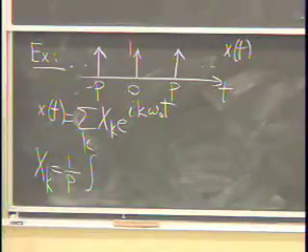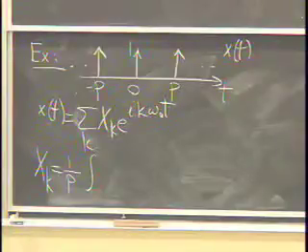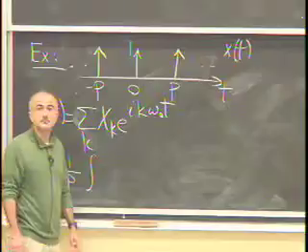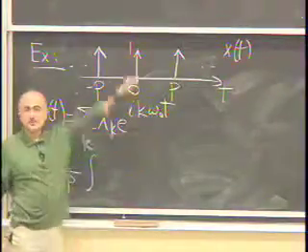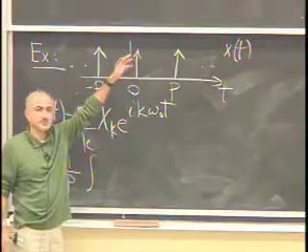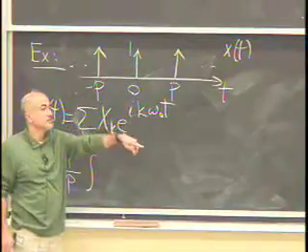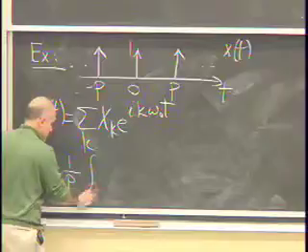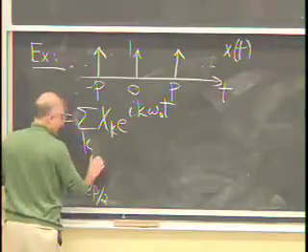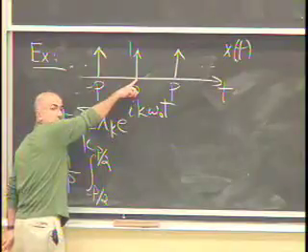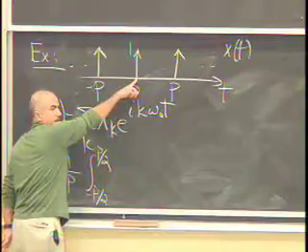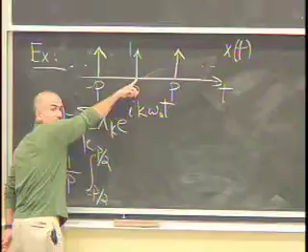What would you like to pick as your interval of integration? 0 to p. What else? Negative p over 2 to p over 2. I'll go along with that. You don't want to start your interval on the boundary or on the point where you have an impulse.